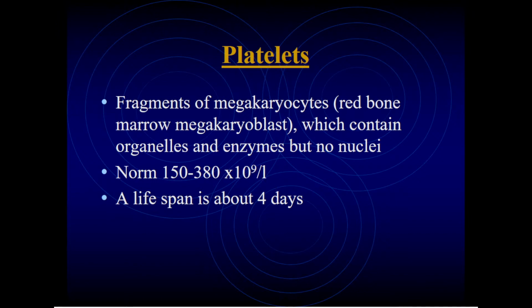The role of platelets is to help prevent or arrest bleeding in a process called hemostasis. The number of platelets in peripheral blood increases in the daytime and decreases at night. Platelets survive from 2 to 5 days, average 4 days. The lifespan is about 4 days.